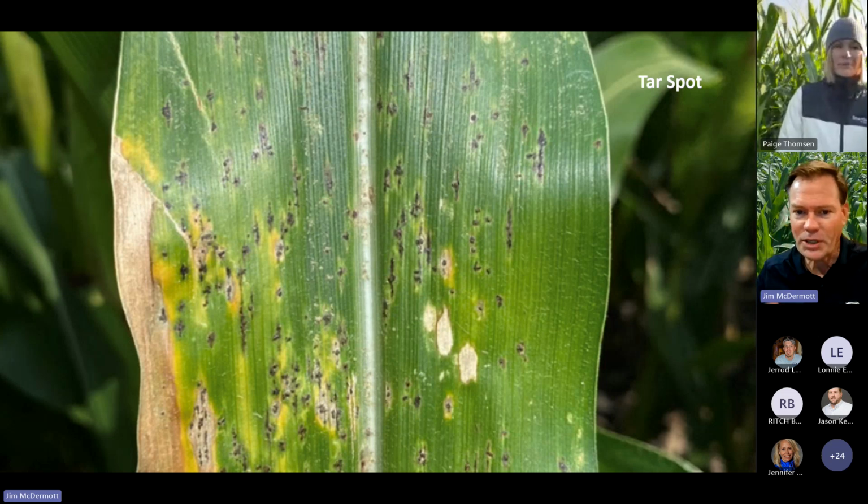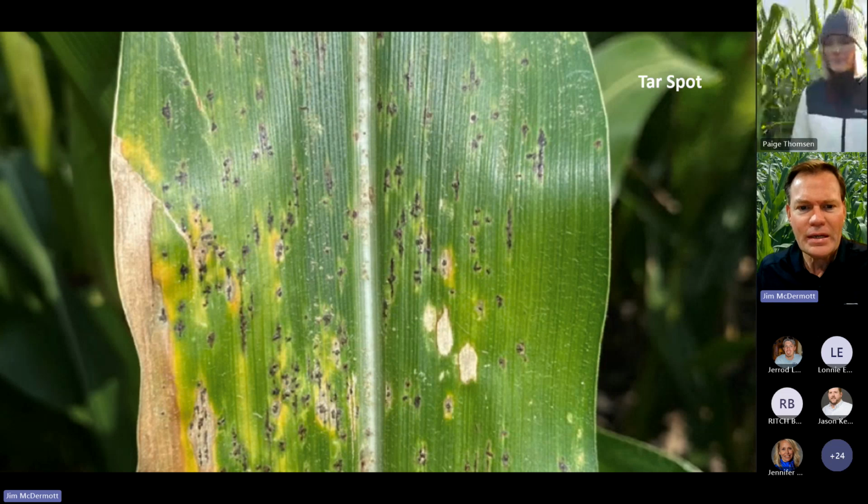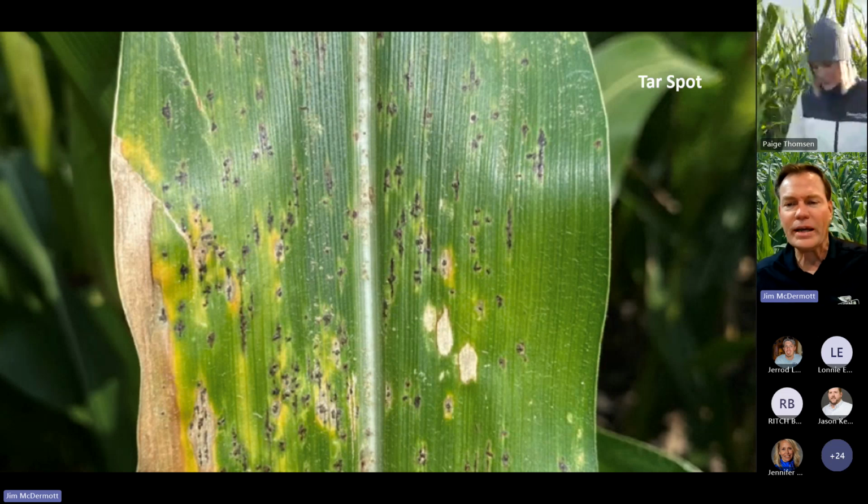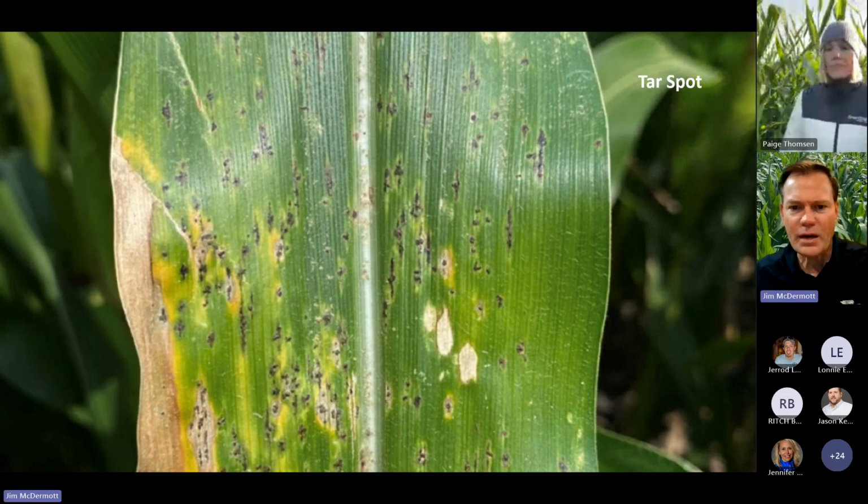Once in a while, I'll see some leaves that are getting completely lit up, but in very few cases am I seeing it above the ear leaf. Certainly some out there, but especially once we start to get that corn dented, most of these diseases are really not going to affect us on the ear fill part.